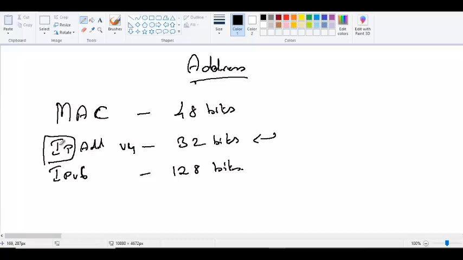It cannot be removed and added. It cannot be detached and attached. The fields in the headers are permanent. Whether you like it or not, whether you use it or not, those fields will be there. And inside the fields, the bits will be there. Because you are not using them, there will be some garbage bits, garbage values. And routers that receive the packet process every single garbage bit in every field of the header.